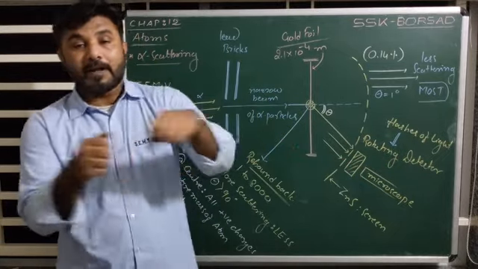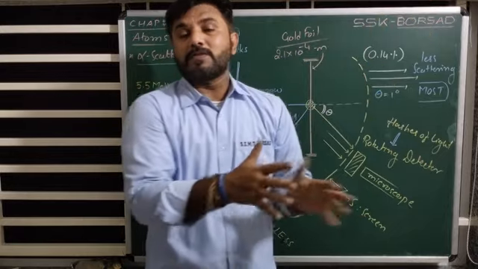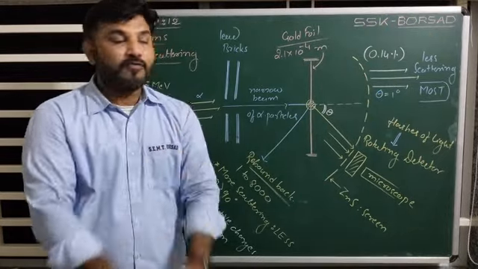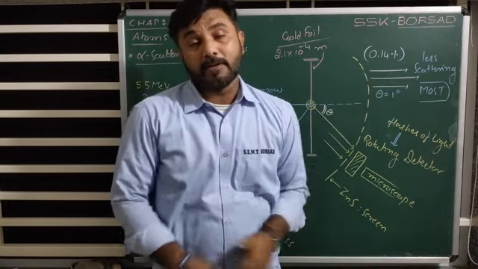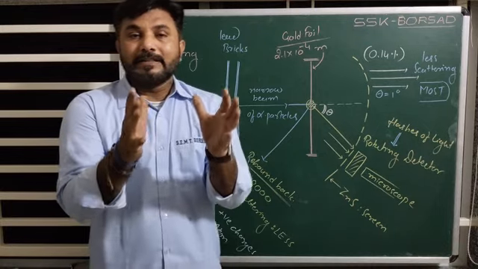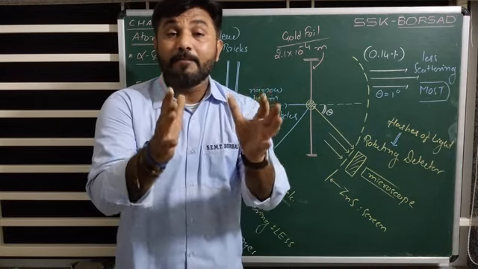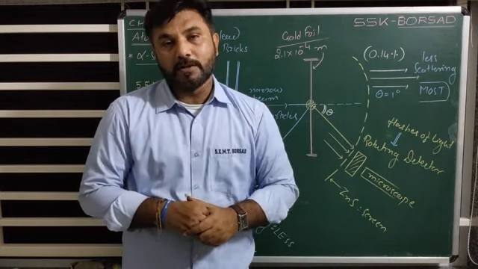Most of the alpha particles come out without scattering, and the rate of scattering in such alpha particles is only 0.14%. It indicates that inside the atom there is an empty space. It is the first conclusion.